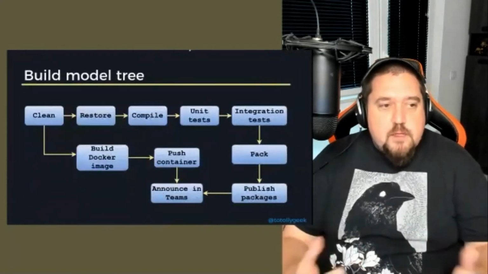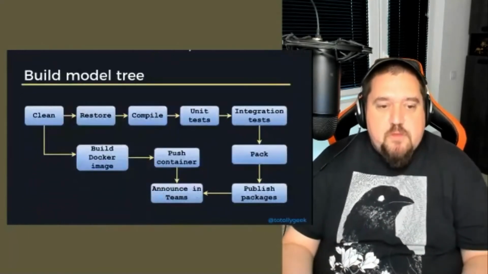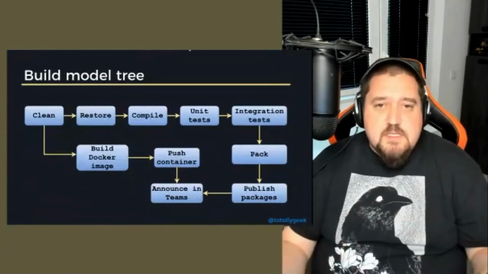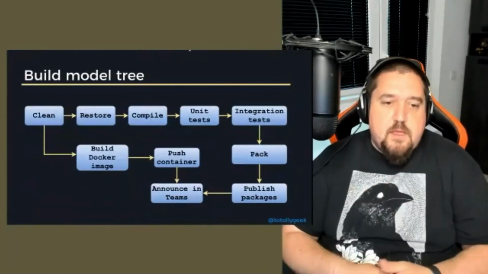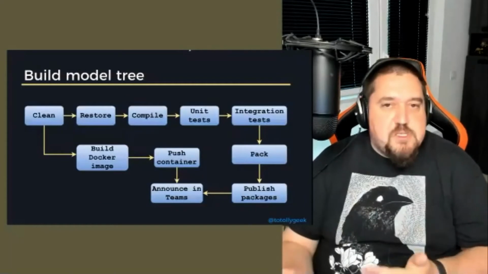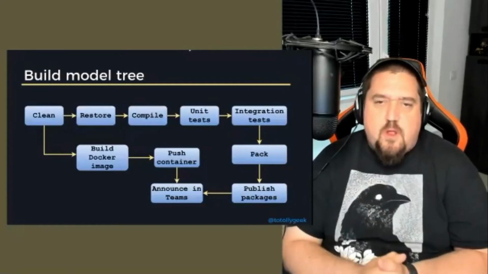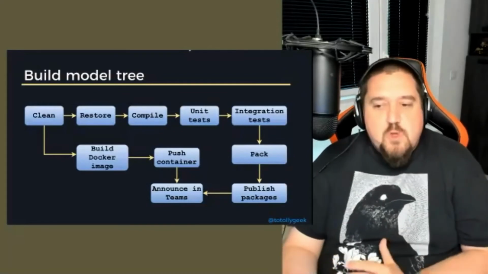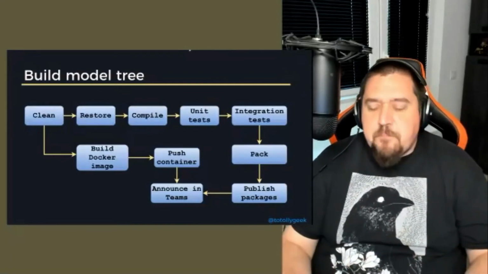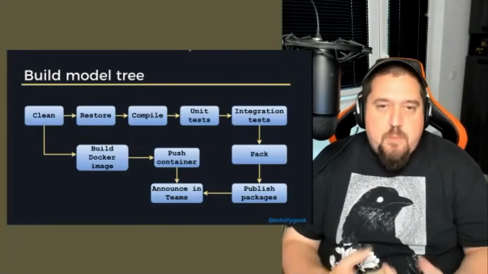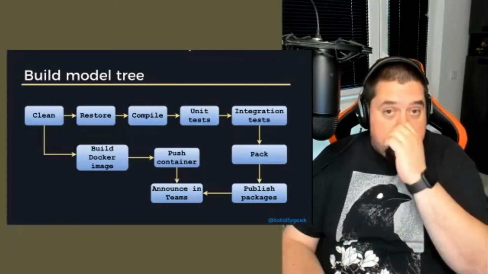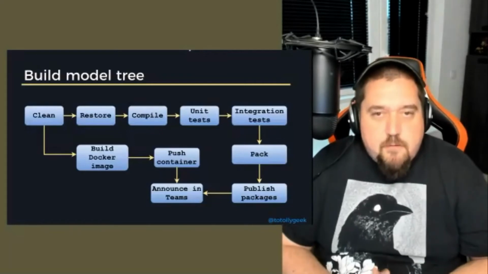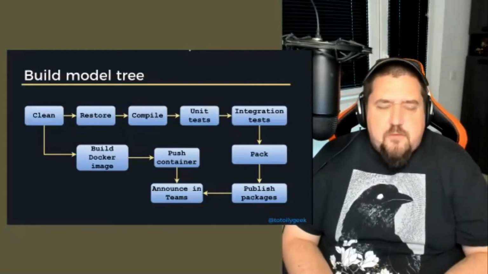So if you take a look at the build model tree of a build definition, you have a clean step, where you just clean some old stuff from previous builds you had. Then you go to restore some packages, like npm install, NuGet restore. Then you compile the code. Then you run some unit testing, some integration testing, and then you pack your stuff. You pack NuGet packages, you pack even whatever JavaScript stuff out there, I'm not very familiar with it.